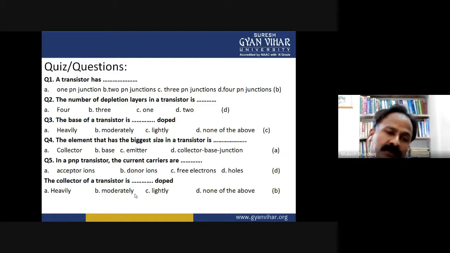So according to semiconductor theory, here P has the majority charge carriers as holes. So in a PNP transistor, the current carriers are holes. The sixth question: the collector of a transistor is heavily, moderately, or lightly doped? Yes, it is moderately doped.